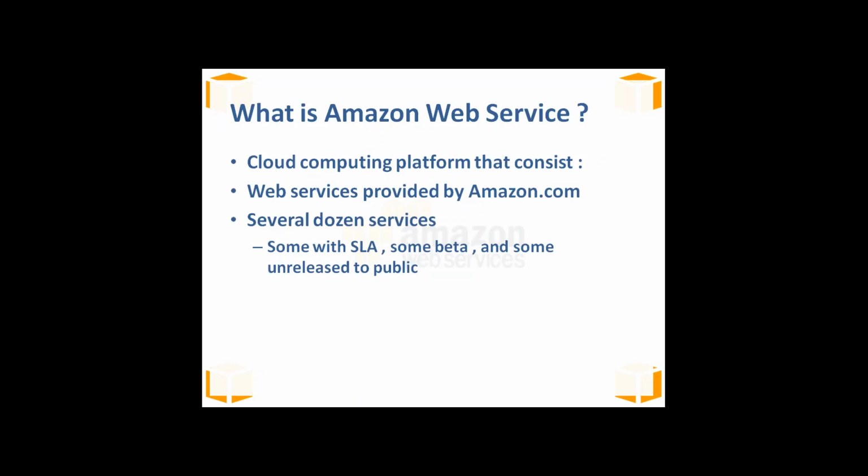Some are related to SLA, which is nothing but service level agreement. Some are beta versions and some are released to the public. So it is up to your organization which kind of services you make use of. Let's look at a small architecture of an Amazon overview.